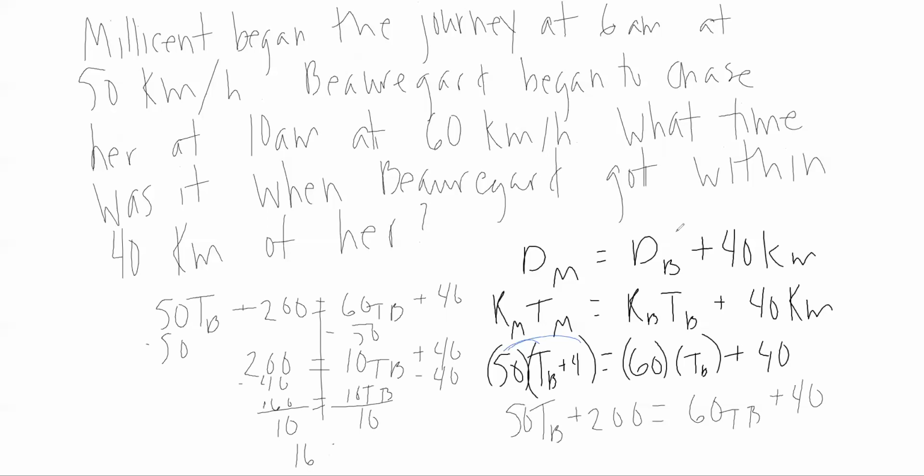So 16 equals the time of Beauregard, right? So in 16 hours, Beauregard got within 40 kilometers of Millicent. So 16 hours after 10 a.m. would be 2 o'clock the next morning. And we're going to try and do the next example live because Lily is going berserk.